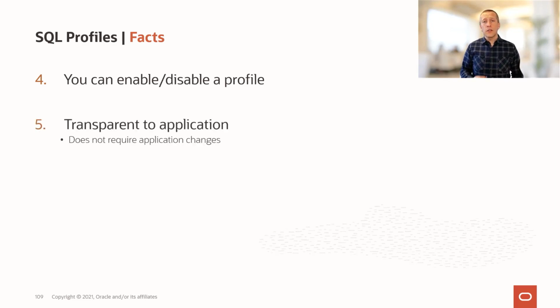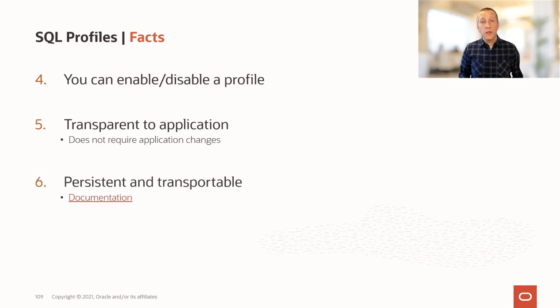And a SQL profile is completely transparent to the application, so you can create profiles on the database while the application is totally unaware of it. SQL profiles are persistent, they survive a database restart, and you can transport them from one system to another. You can create a good profile for your problematic statement in one place and transport it into your production database.